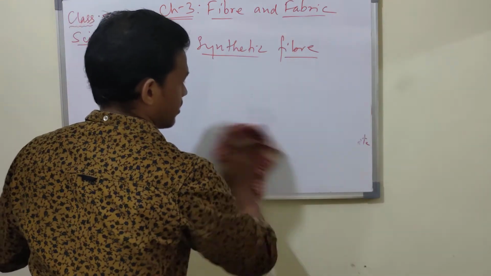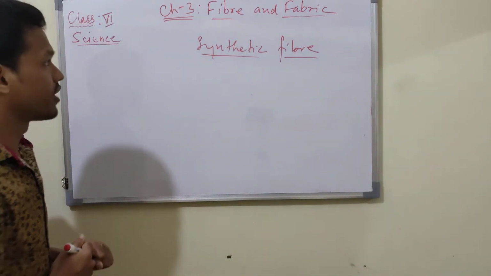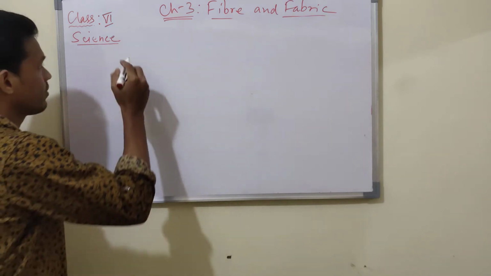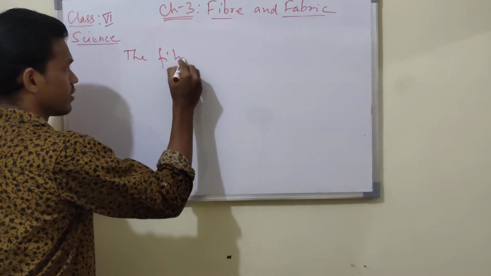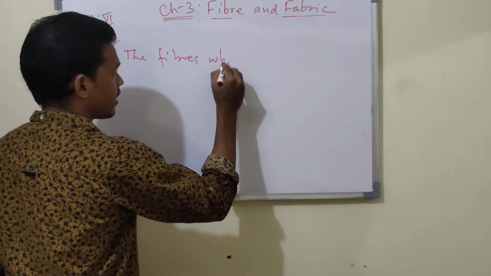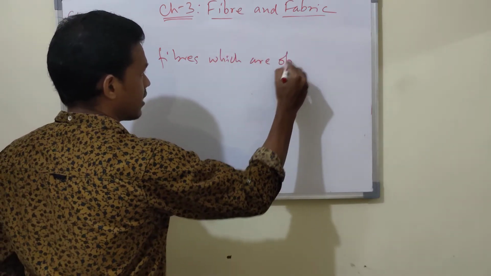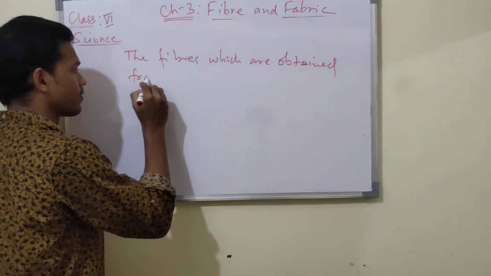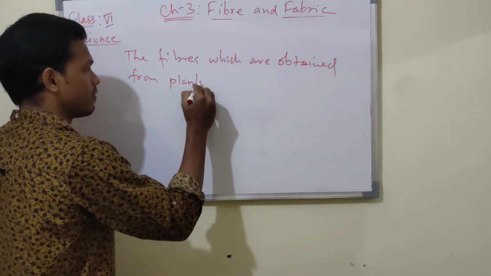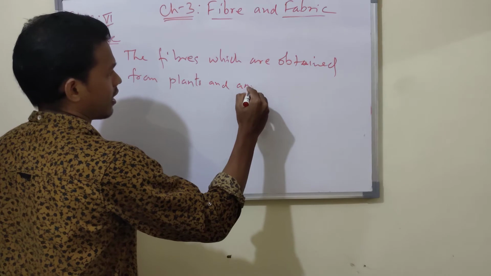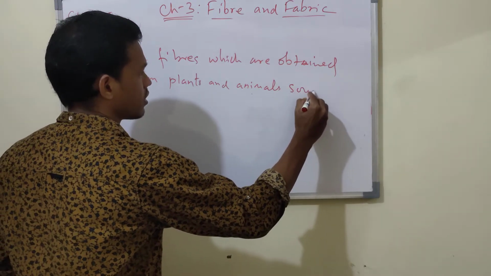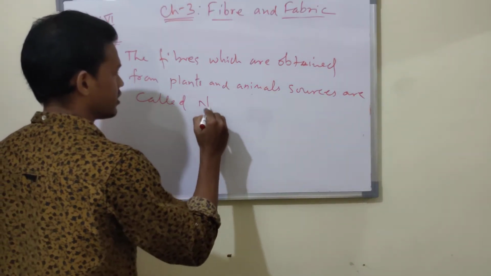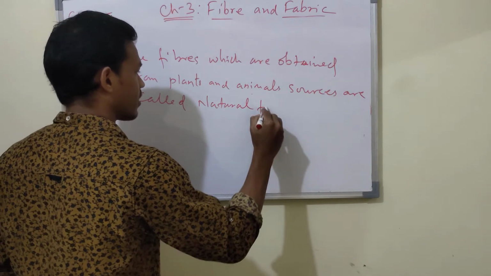So the fibers which are obtained from plants and animal sources are called natural fiber.